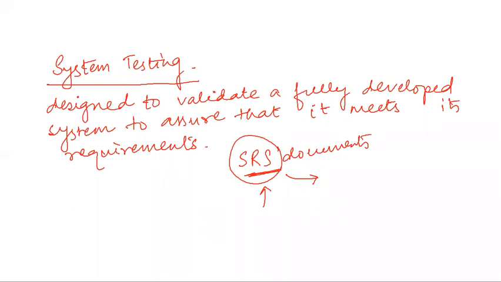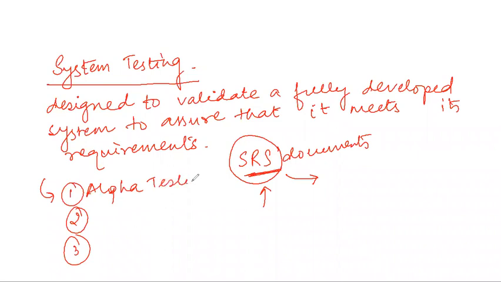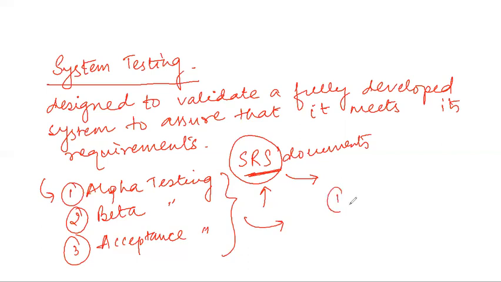Okay. Now, as we talk about system testing, there are mainly three kinds of system testing. The first one is alpha testing. Next is beta testing. Third is acceptance testing. Since you have already studied this in software engineering, can anyone say what is alpha testing?